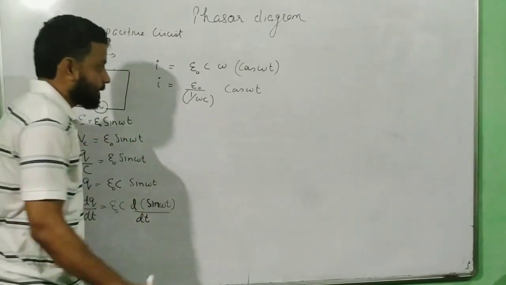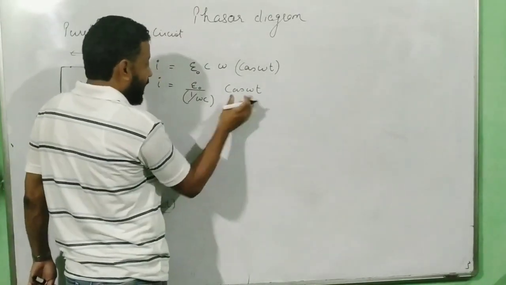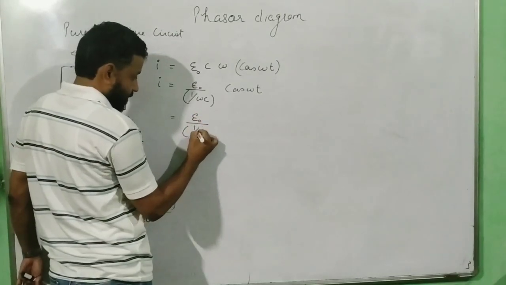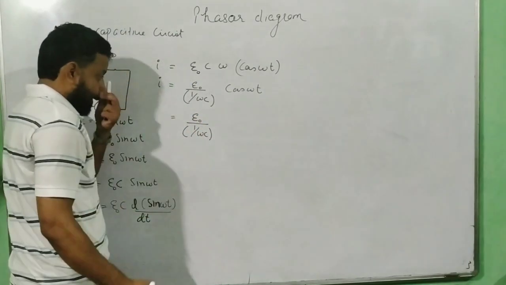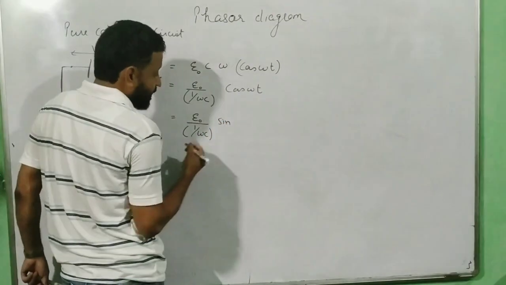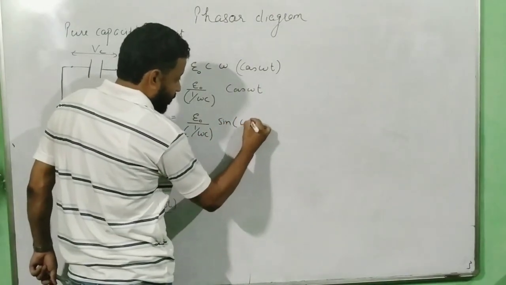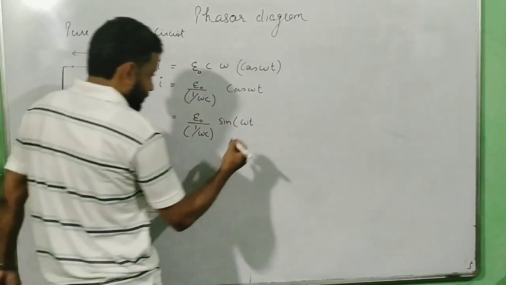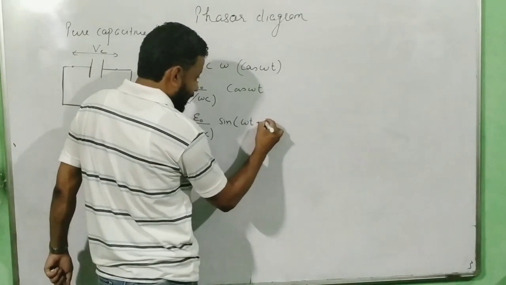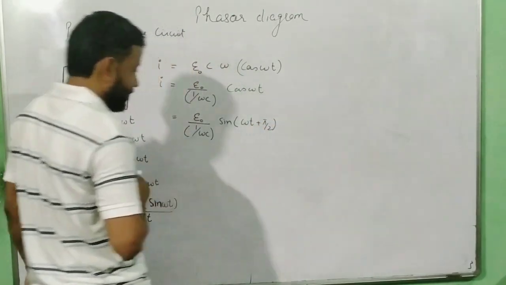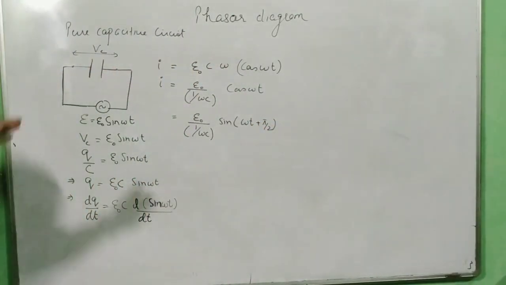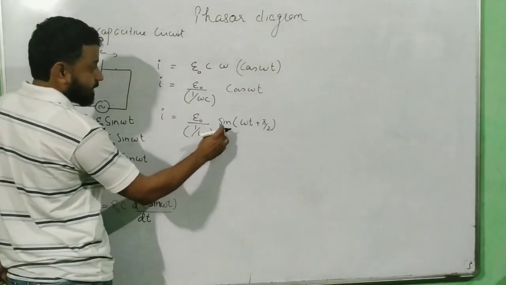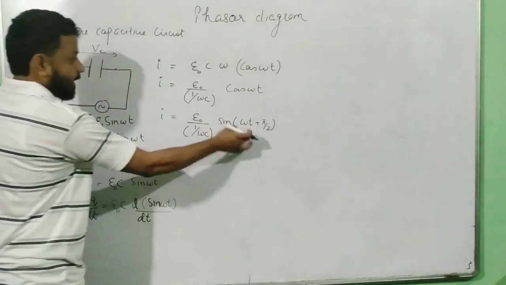Cos omega t, now can I write cos omega t as sine omega t plus pi by 2? Okay, I can write current I as E naught by (1 by omega C) sine omega t plus pi by 2. I can write like this, correct?